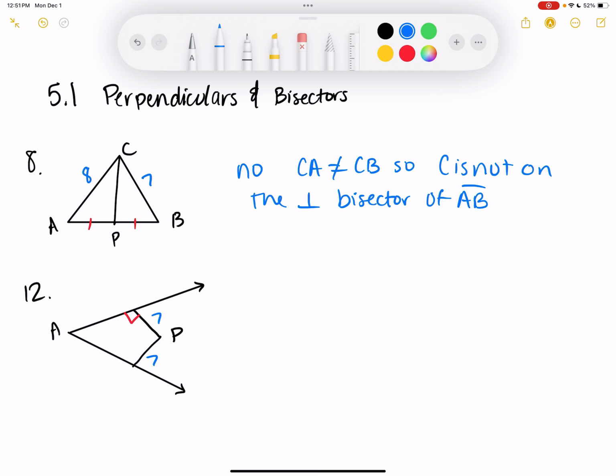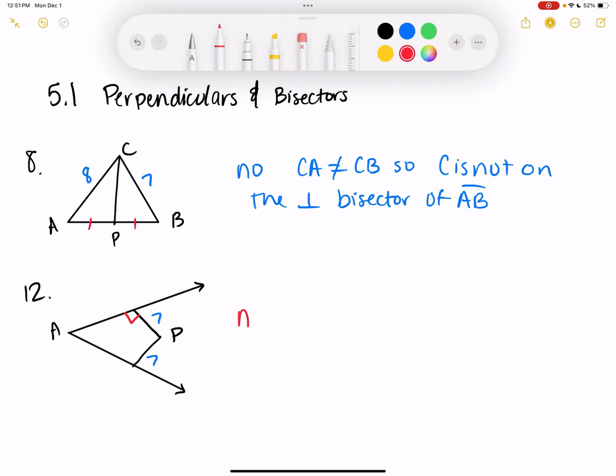Does this one show that P is on the bisector of angle A? I think yes. But there's no line, right? Well, there doesn't necessarily have to be because you can have an imaginary line there.